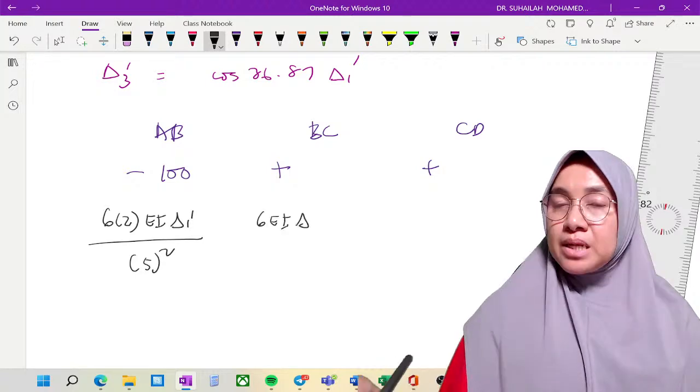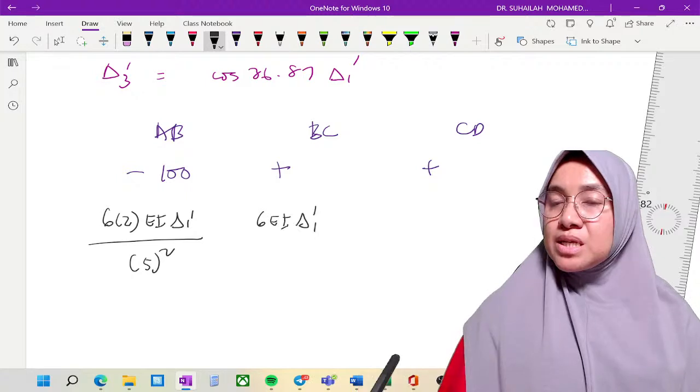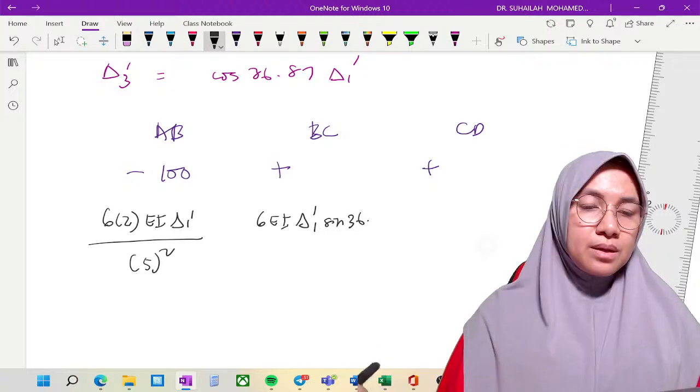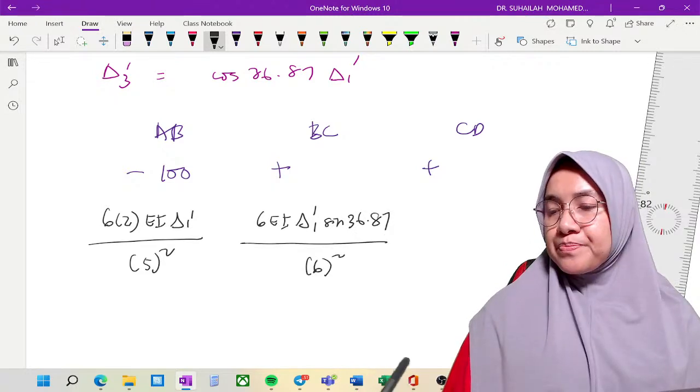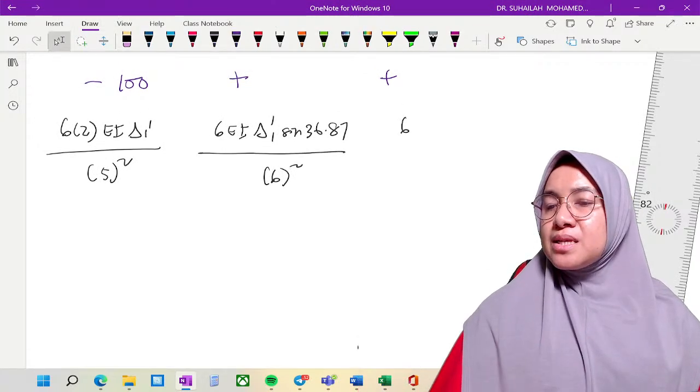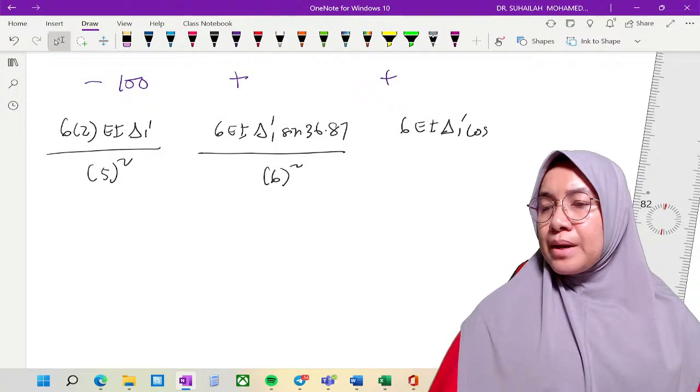So delta 2 is delta 1 prime, sine 36.87, divided by 6 square. And then for CD it is 6 EI delta 1 prime cos 36.87, divided by 3 square.